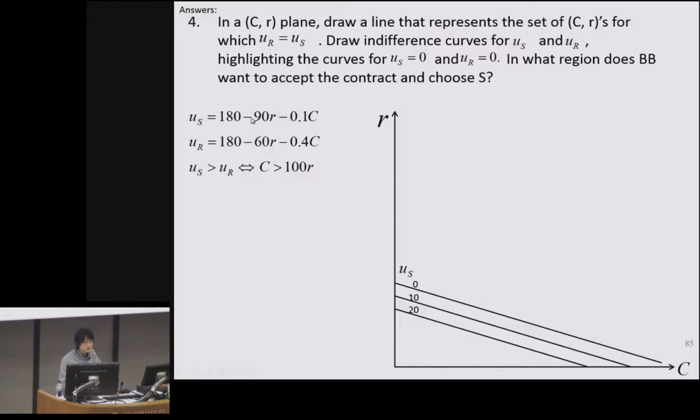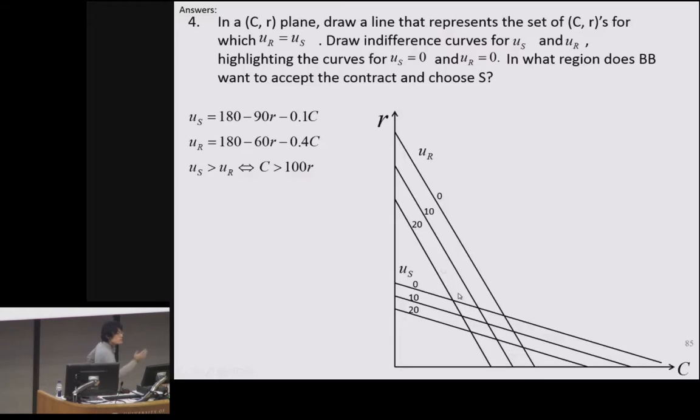Both the coefficient of interest rate and the coefficient of C have the same sign, so the indifference lines should be downward sloping. We did basic math for this last week, so if you're not sure, please go back to the video from last week. Indifference lines for UR, Brown Bakery's utility from selecting the risky project, should be steeper according to that math.